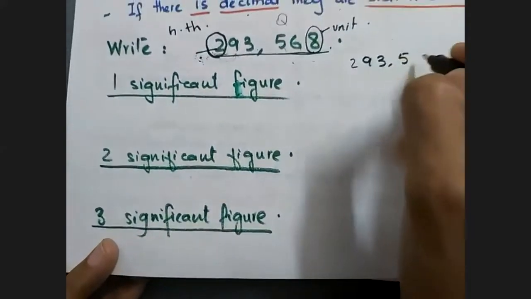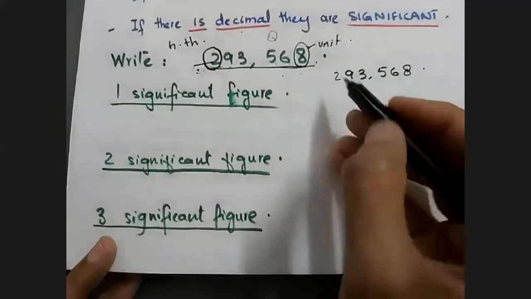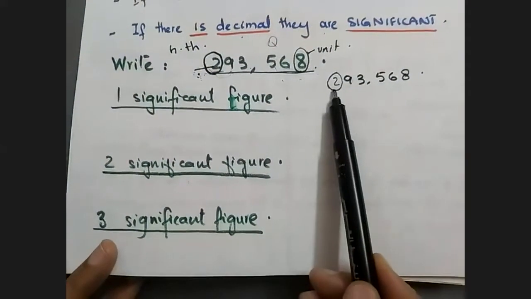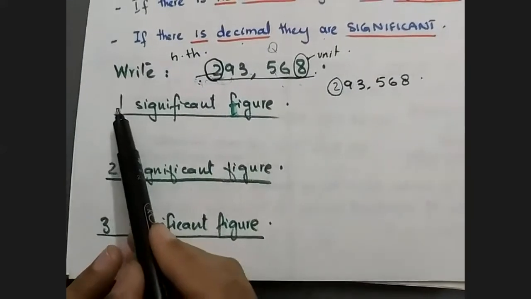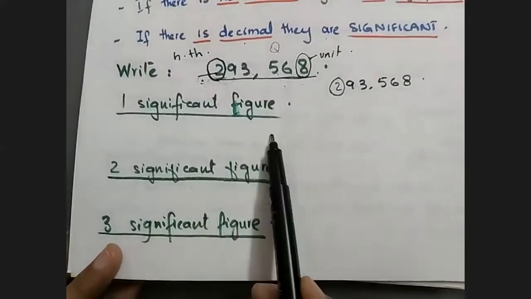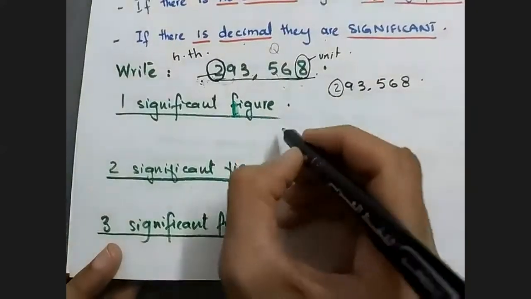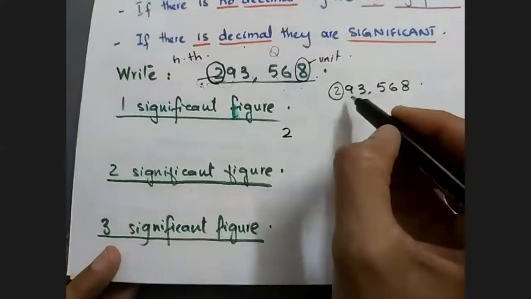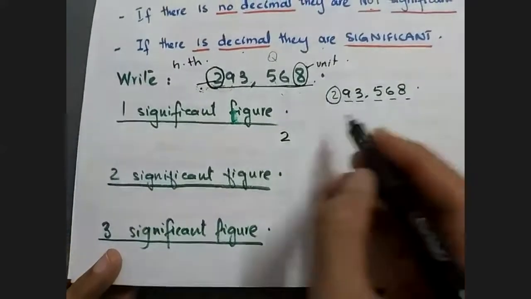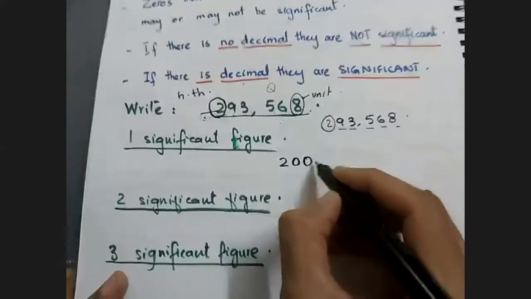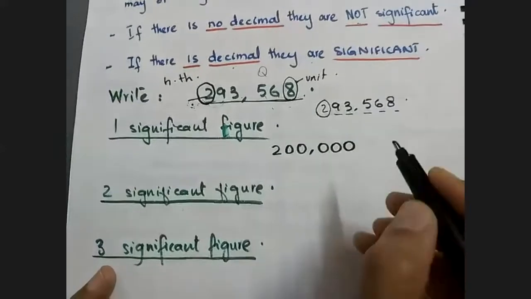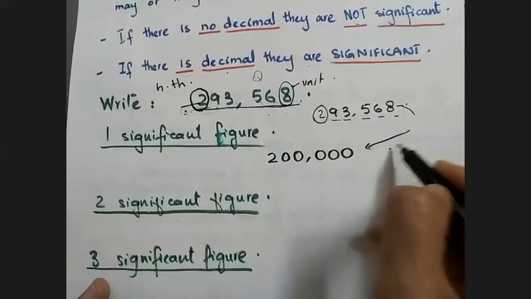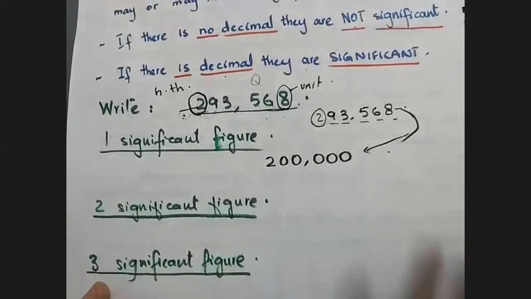And as Abdul Wadud told us, 2 is the most significant. So I will start from the left-hand side, and I want only 1 significant figure in my answer. So I will write 2. And because I don't want any other significant figure, the rest of these numbers will turn to 0. So I have now rounded this off to 1 significant figure, which is 200,000.